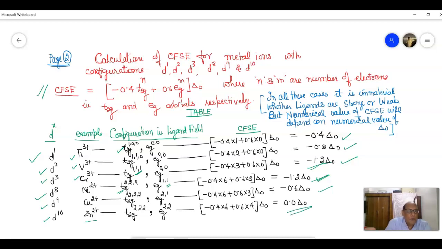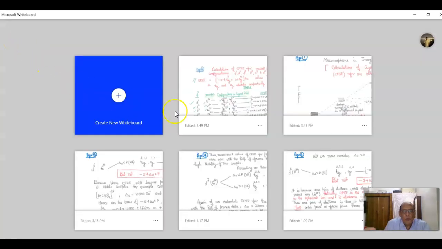So we have seen calculation of CFSE for 6 configurations: d1, d2, d3, d8, d9 and d10.